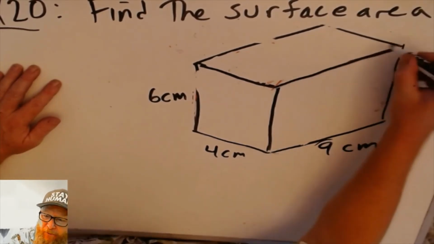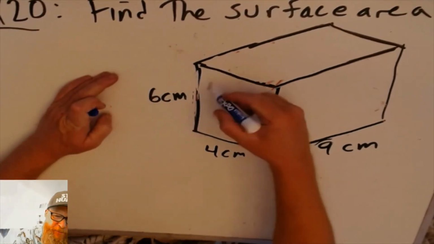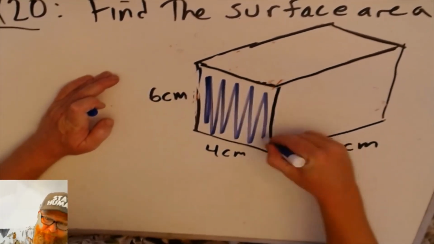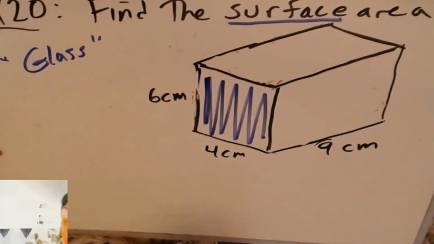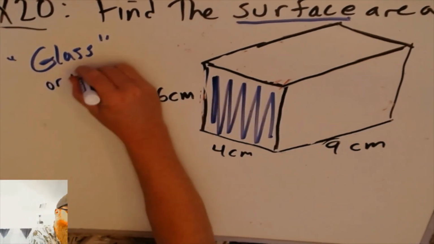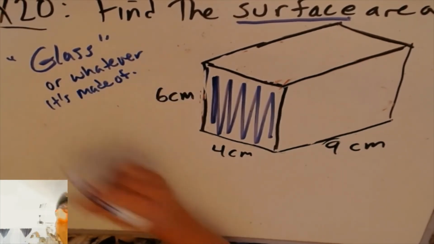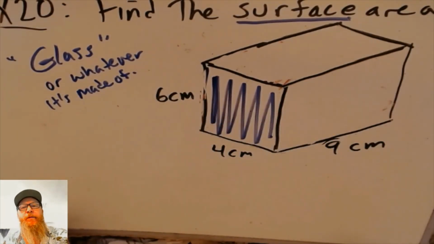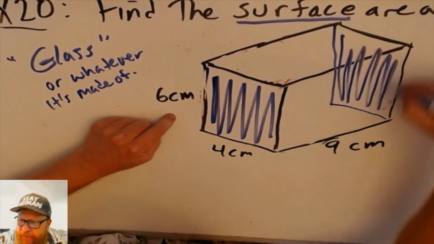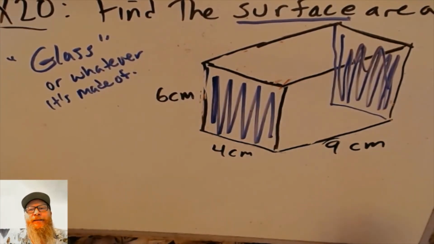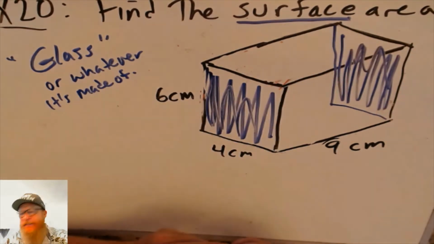Now let's think about what an aquarium or a box sort of looks like, right? You've got this piece of glass right here. Surface area, so it's the glass, or whatever it's made out of. If it's made out of wood, then these are made out of wood. But don't you have another one of those over here? If you have a front piece of the glass, you have to have an equivalent back piece of the glass.